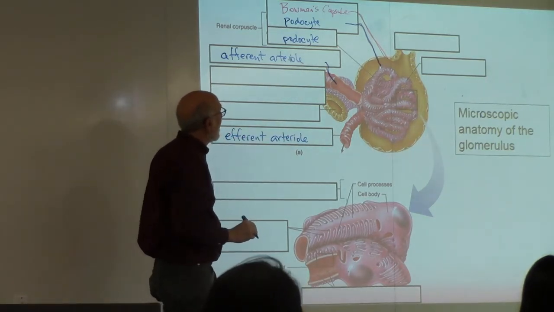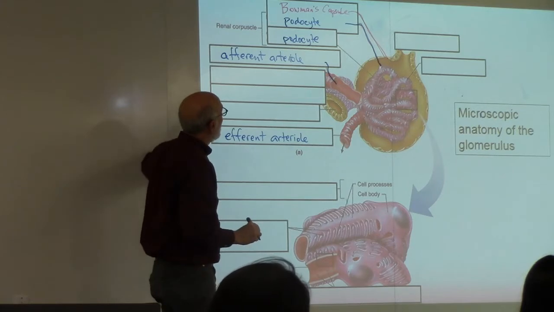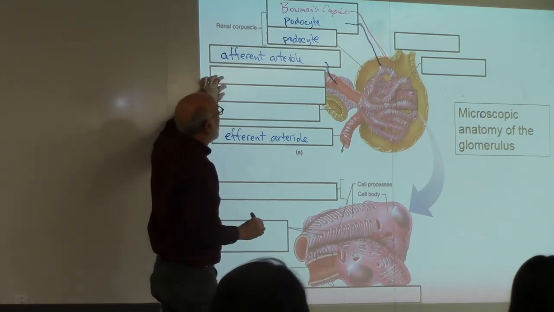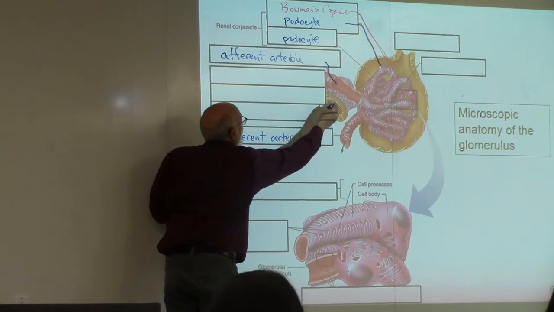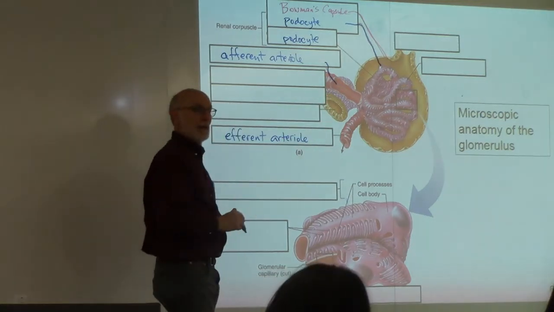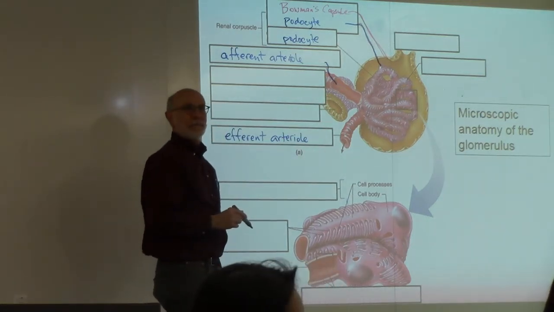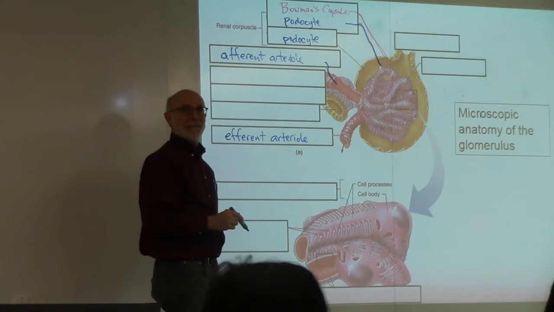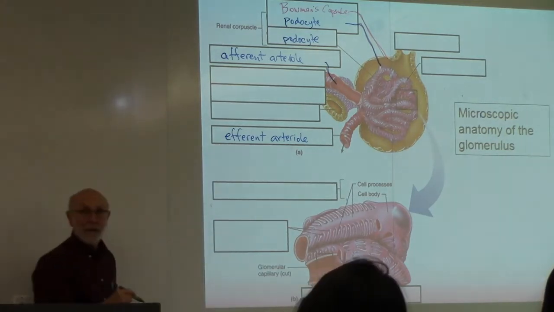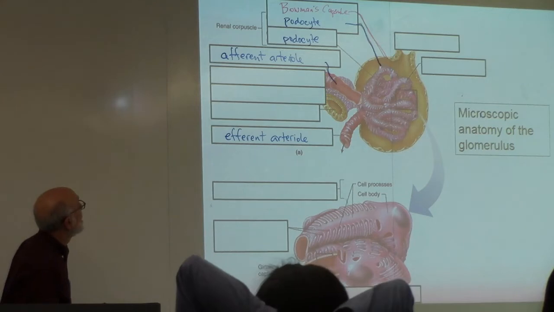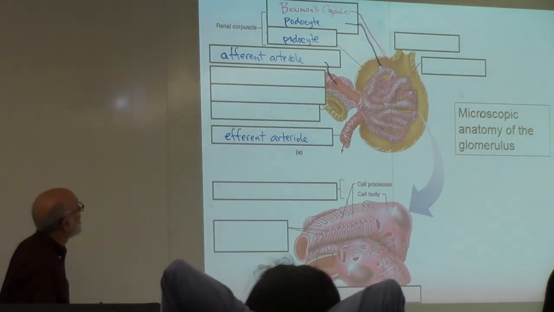Okay? So if that's the afferent arteriole, what do we call the structure that connects? Well, anybody, pick a box and go. Is the one above the afferent arteriole the distal tubule?